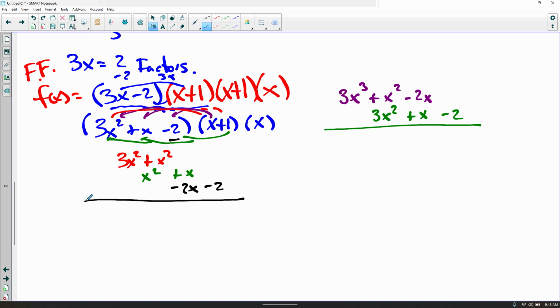I don't care if you multiply the back one to the front one or the front one to the back one. You're still going to get the 3x cubed plus 4x squared minus x minus 2. That's supposed to be a 3 right there. I messed up here. There's supposed to be a 3 there.